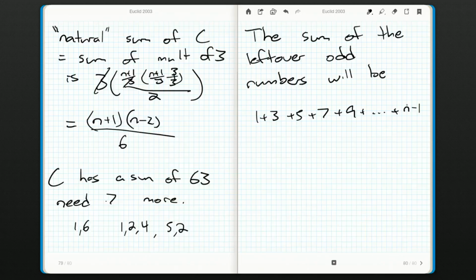And then we need to get rid of every third number. And remember, n plus 1 is a multiple of 3. So just going in groups of 3, it'll be these guys, and then n plus 1 will be left over. So this has a sum of 9. This has a sum of 27. We wouldn't have 3 to work with, we wouldn't have 9 to work with, and then at the end we'd also have a plus n minus 1.